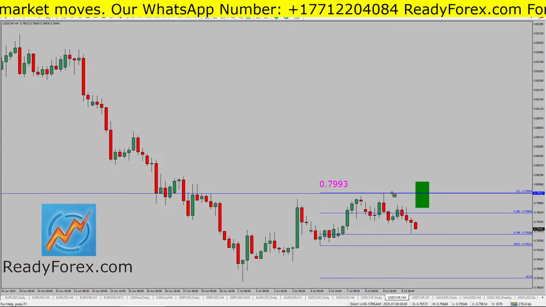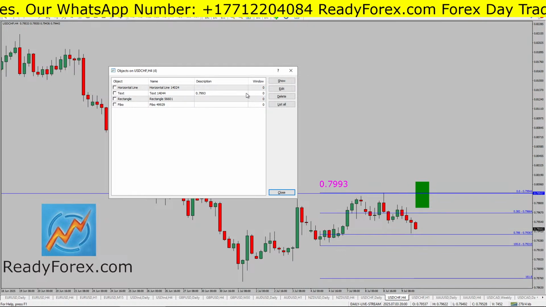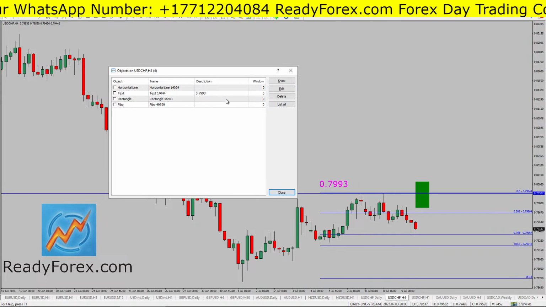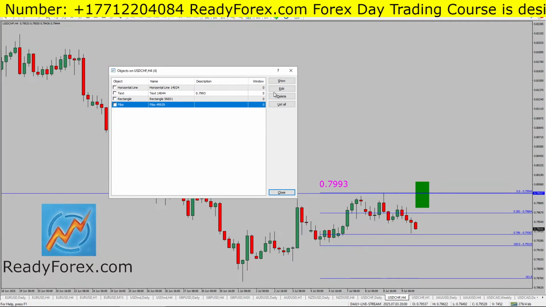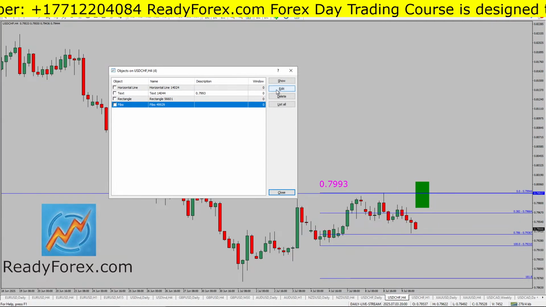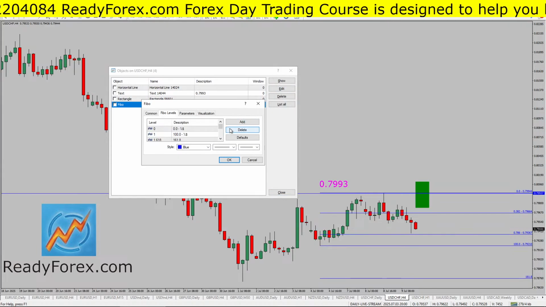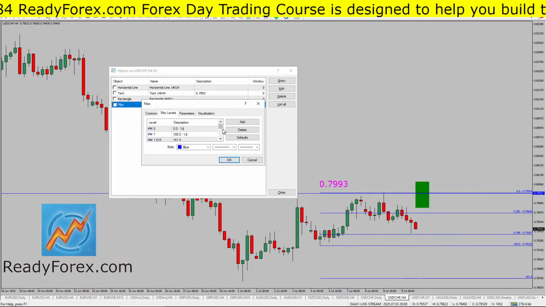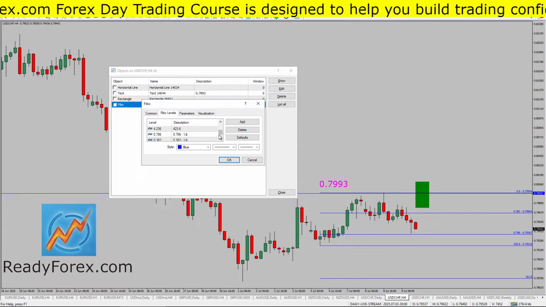And I'm going to remove the 38.2% because it already took it out, so I don't need it. Let me edit it. Let's go over here. This is the 4-hour chart of US dollar Swiss franc.